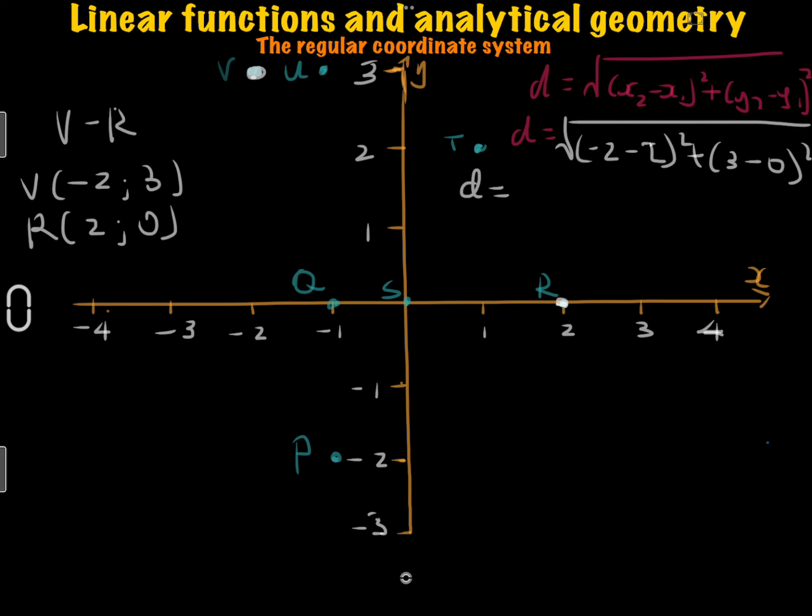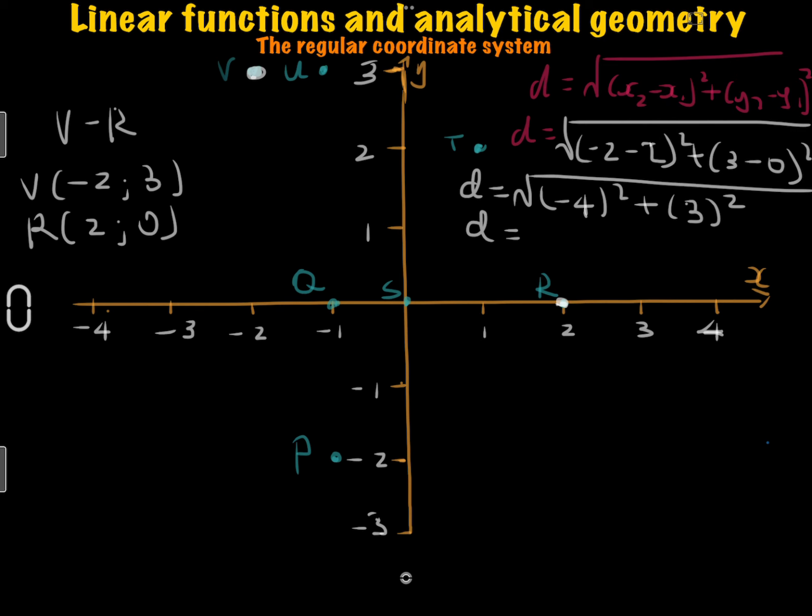We still want to find the distance D. Remember, we're squaring everything. So let's calculate. -2 minus 2 gives us -4 raised to the second power plus 3 minus 0 is simply 3 raised to the second power.